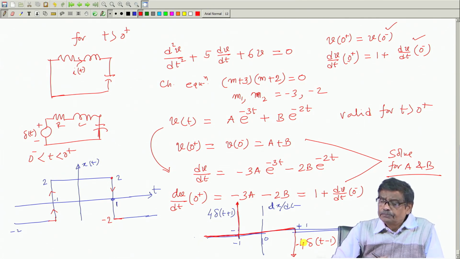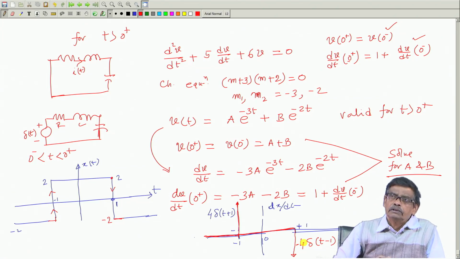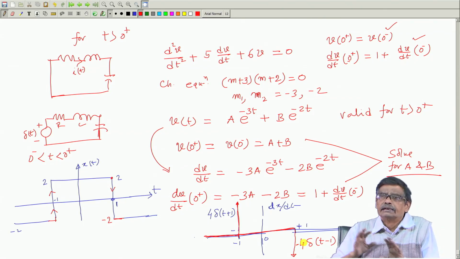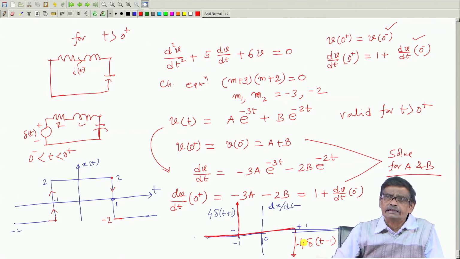Therefore, we are now well equipped to solve differential equations, whether the excitation x(t) is a reasonable function or there is an impulse present on the right hand side; I will be able to solve for the current classically.